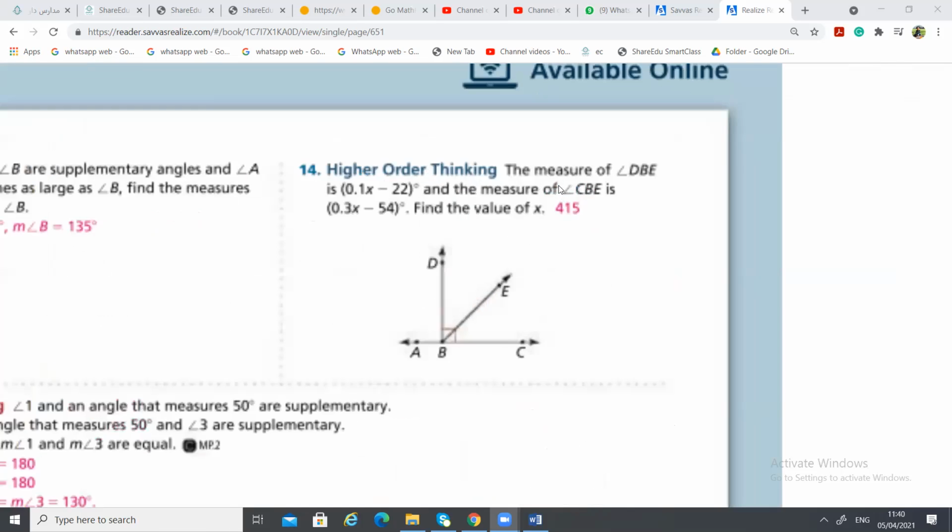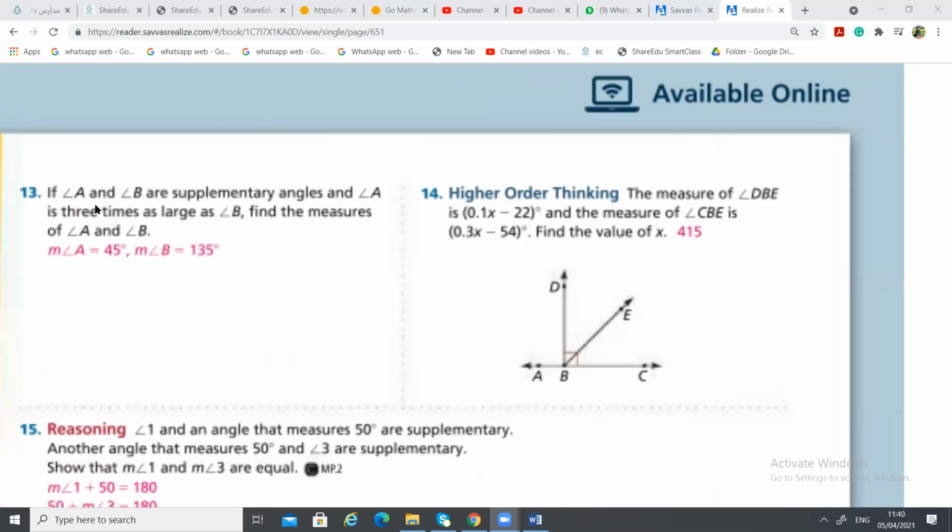Okay, now come here. Angle A and angle B are supplementary angles. What is the meaning of supplementary angles? Who's going to tell me? Noor? Supplementary angle, is it 90 degrees or 180 degrees? Majduleen, supplementary angle means, is it 180 or is it 90?